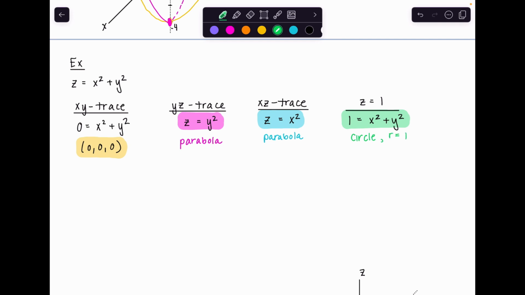The reason that I needed this is that the xy trace was useless, so we're going to let z equal a different number to find another trace.